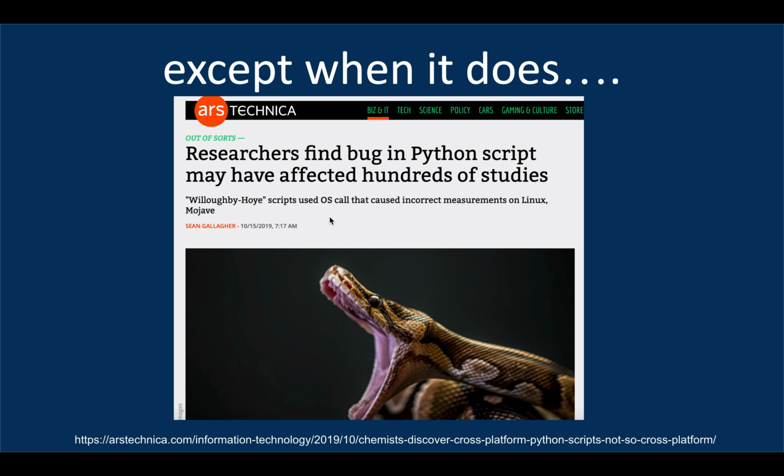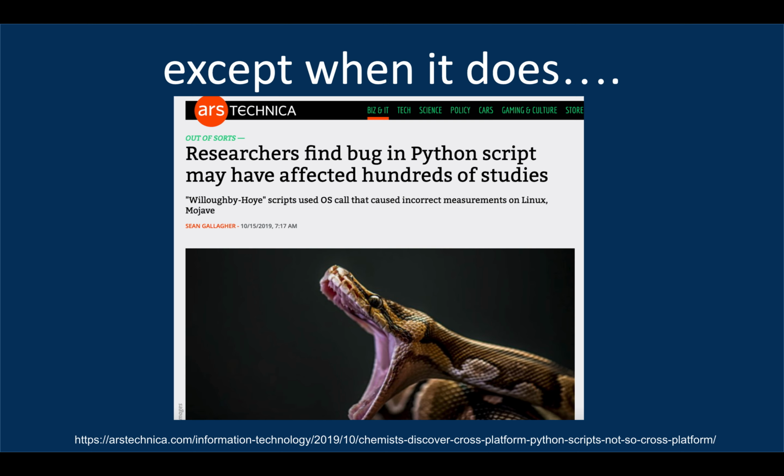So this is a relatively recent paper. This is actually a story about a paper that found a couple of really nasty bugs in some Python scripts that were used in hundreds and hundreds of chemistry papers. And essentially it affected NMR shifts. And the problem was that there were incorrect measurements that were being made, and those depended on the operating system.